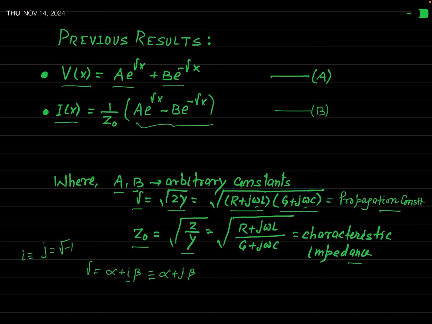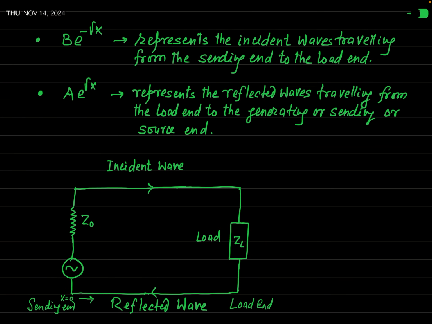In fact, in this equation, this term B times e to the power minus gamma x actually represents the incident wave, which travels from the sending end to the load end. You can see here I have mentioned this is the sending end, or the generator end. You can say this is your generator, that is the source, and this Z naught represents the characteristic impedance, and this ZL represents the load impedance, over which our output appears.